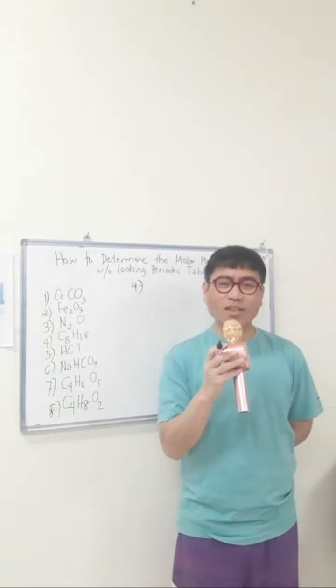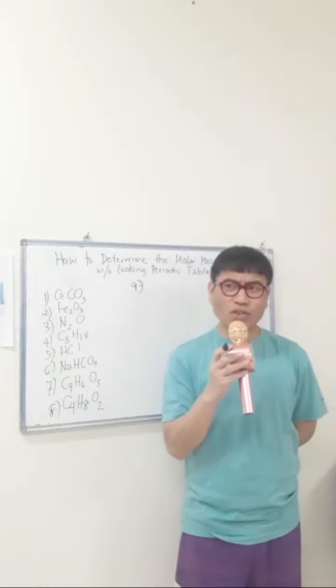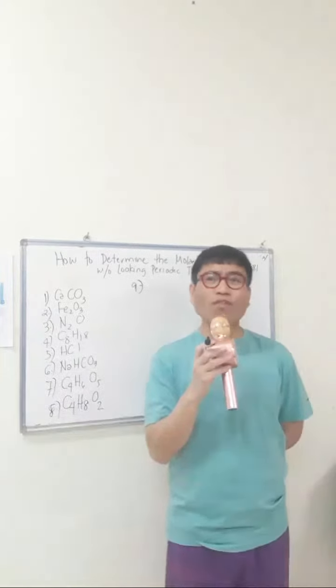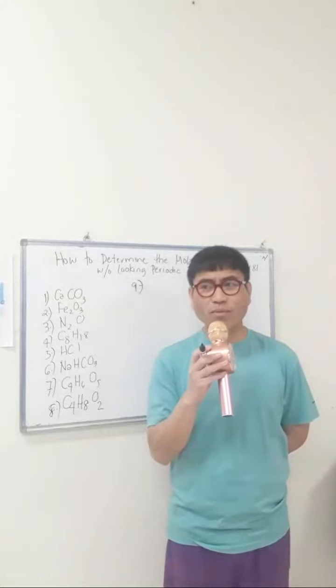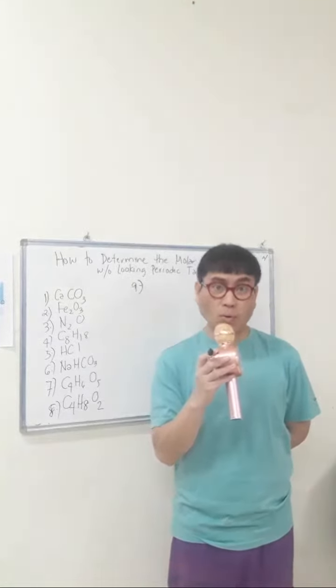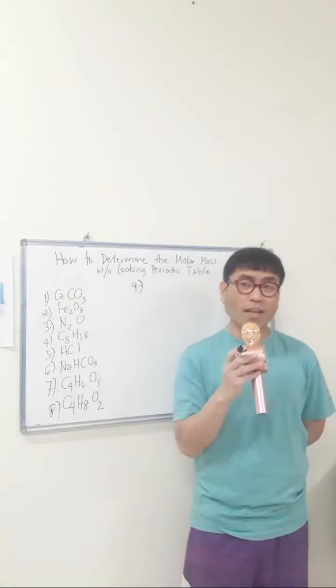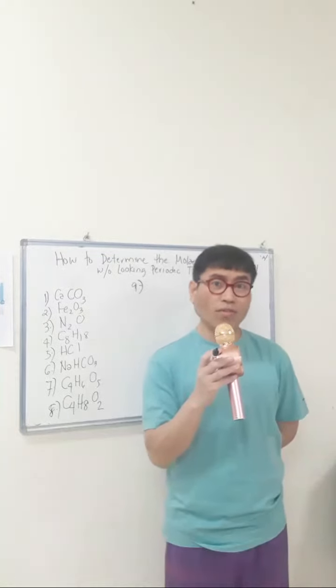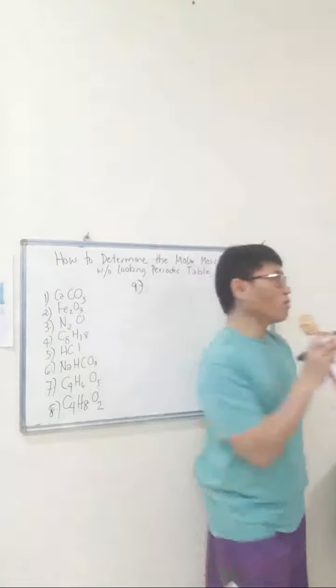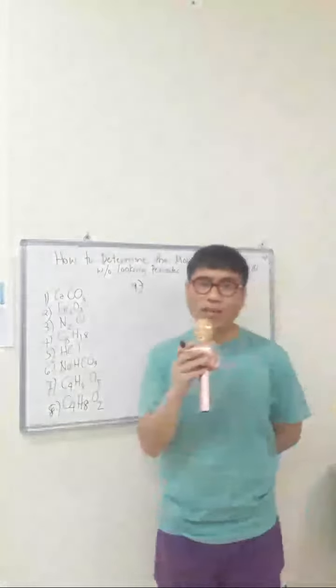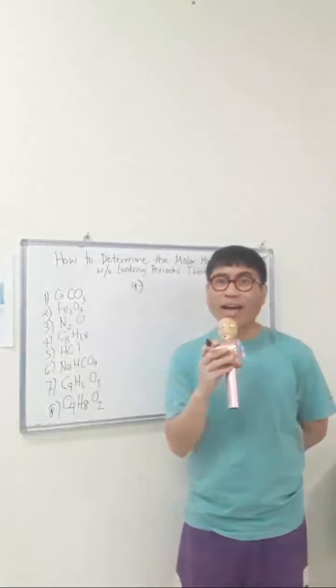Ribose belongs to the pentoses family under carbohydrates, in which it has 5 carbon atoms. Okay, 5 carbon atoms, right? If you remember, glucose has 6 carbon atoms and belongs to the hexoses family. But this time, this belongs to the pentoses family of sugar, and this is ribose.